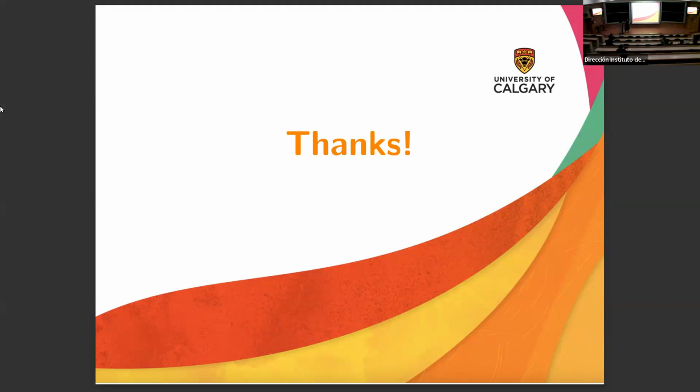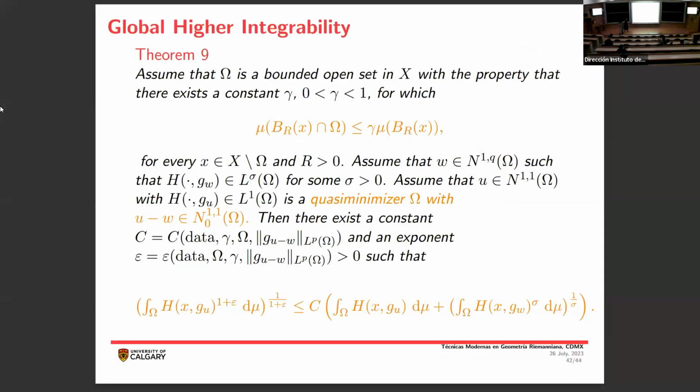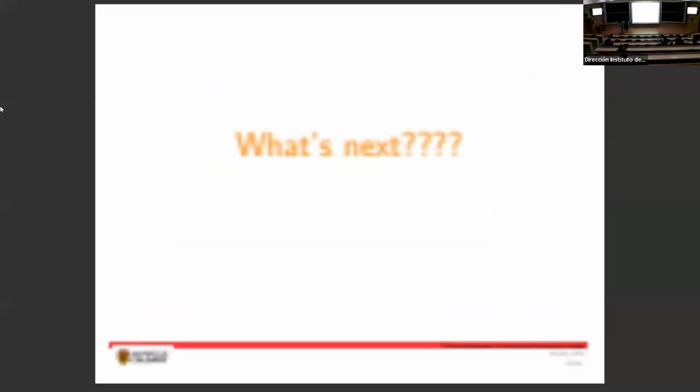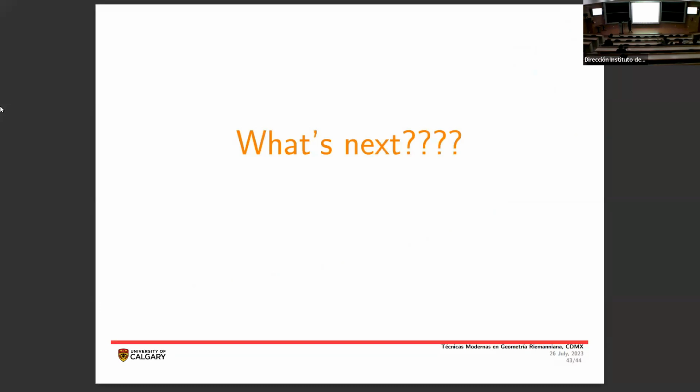So just at the very last slide, were you saying you are hoping that you have proven local boundedness of the quasi-minimizers? And based on what happens in Euclidean spaces, do you expect to obtain any regularity at all on the weak derivative?